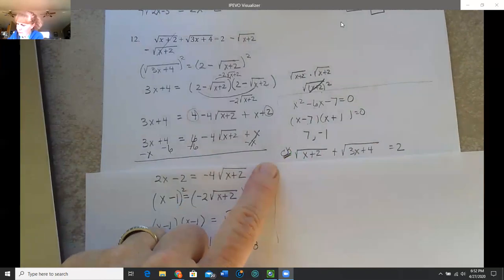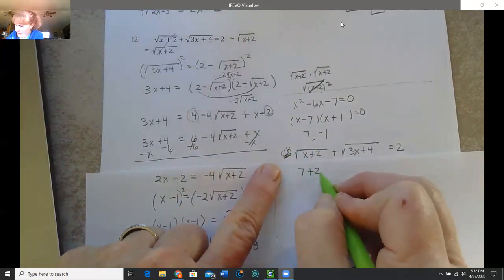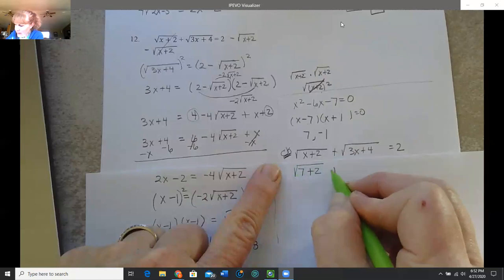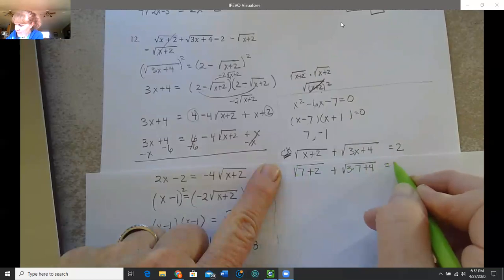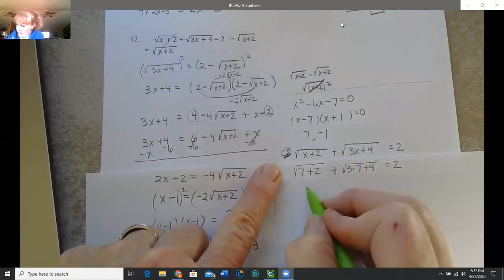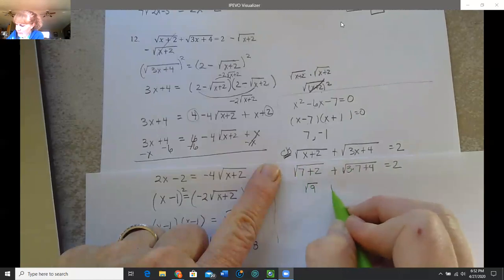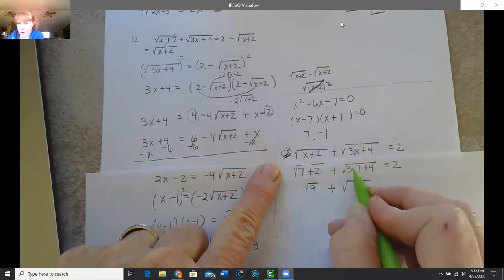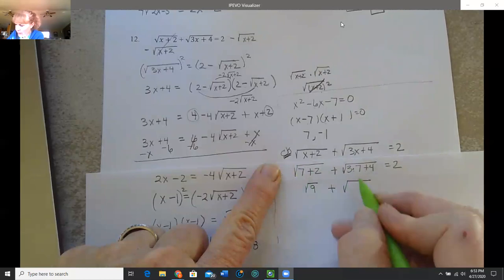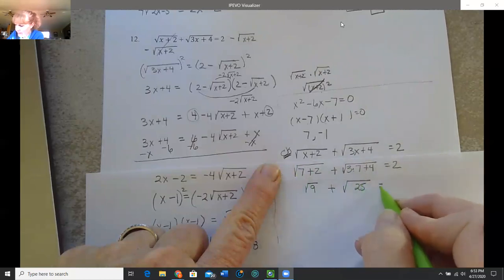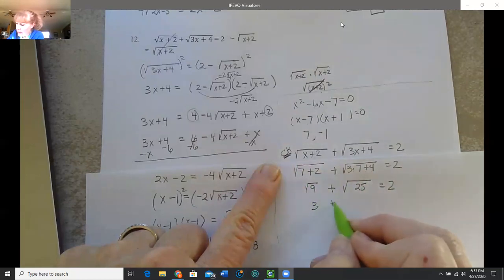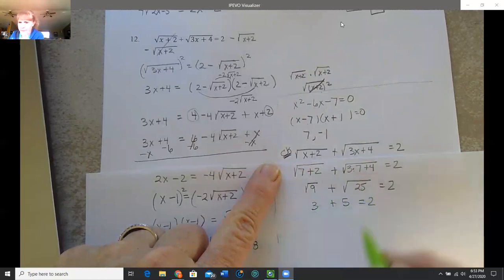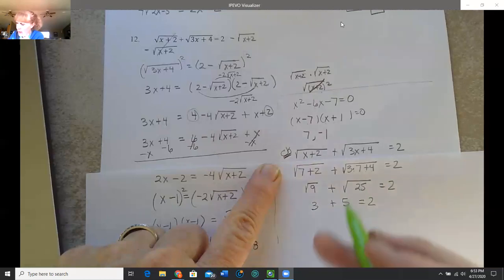So we'll have 7 plus the square root of 3 times 7 plus 4. 21 plus 4 is 25, the square root of which is 5. 3 plus 5 is 8.